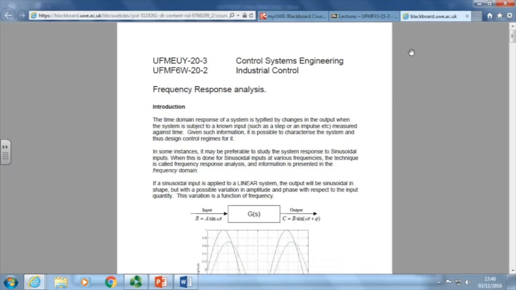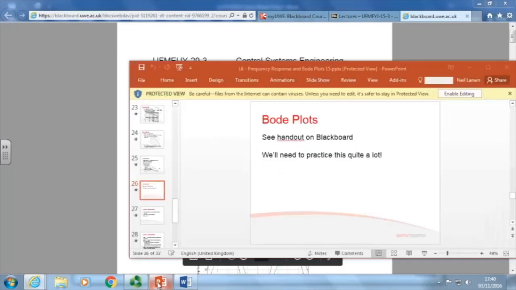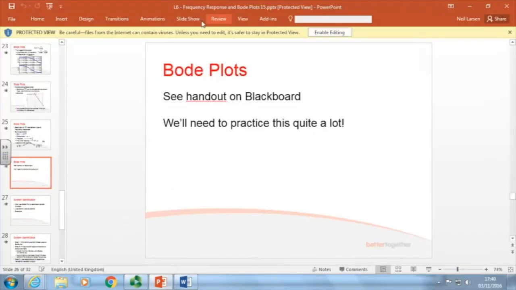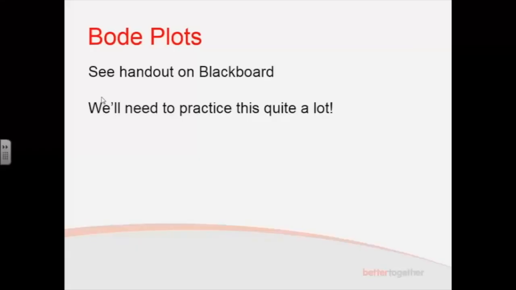Bode plot to transfer function to Bode plot, and that document explains exactly how to do it. The easiest way to get to grips with those is a bit like the root locus plots, just to practice them. Just to sketch these things and it will make sense.